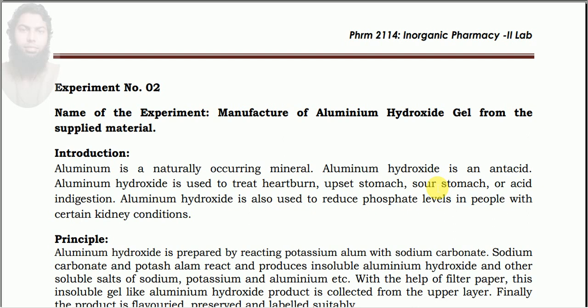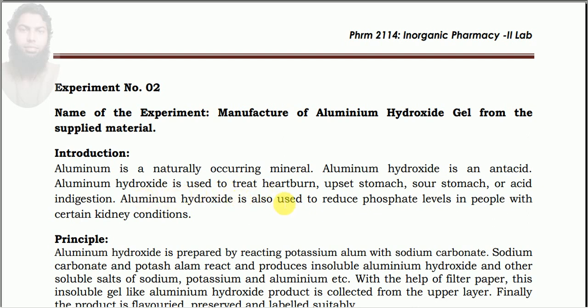Generally, indigestion is linked to eating or drinking after a wedding party or birthday party. Eating a lot of stuff, one person may feel an indigestion problem, and whatever it is, aluminum hydroxide is used for those types of problems.